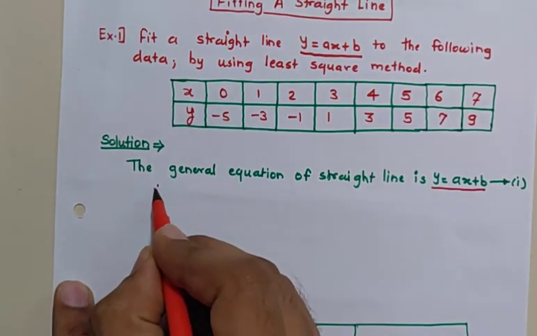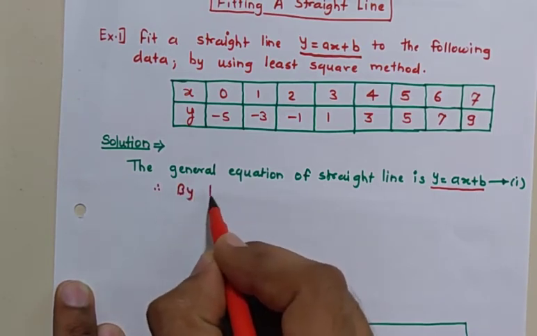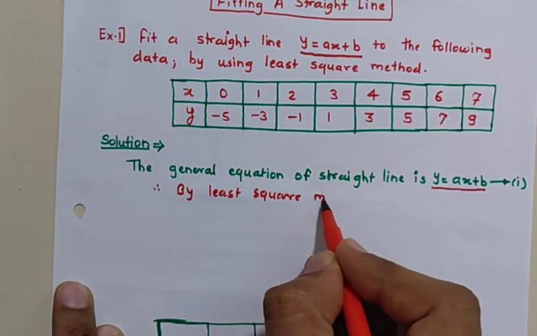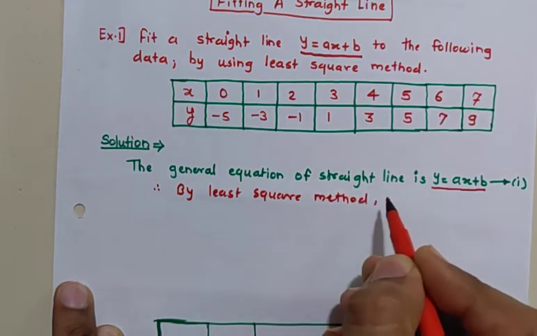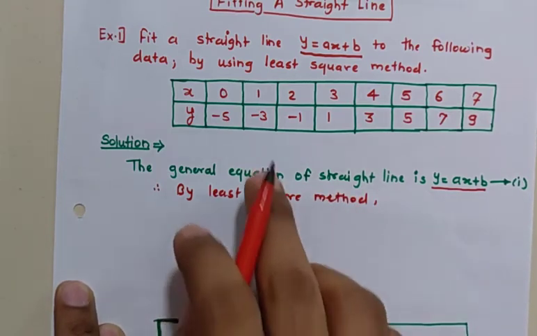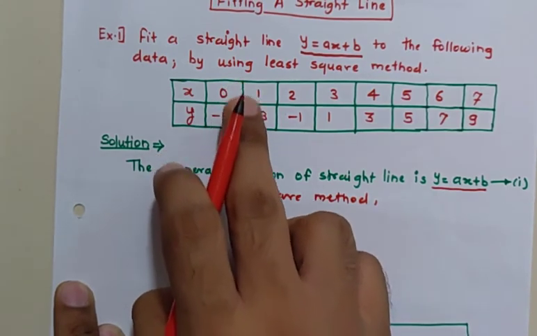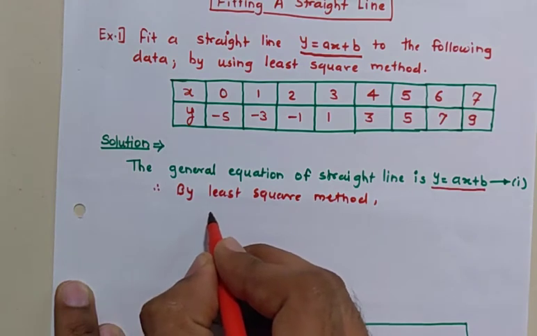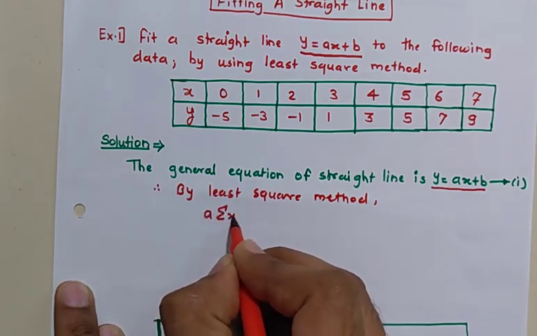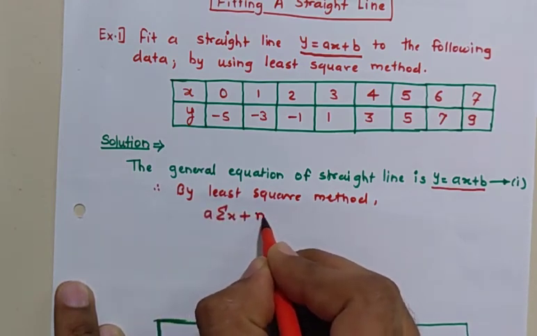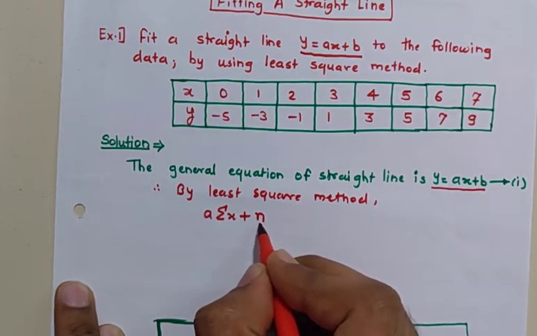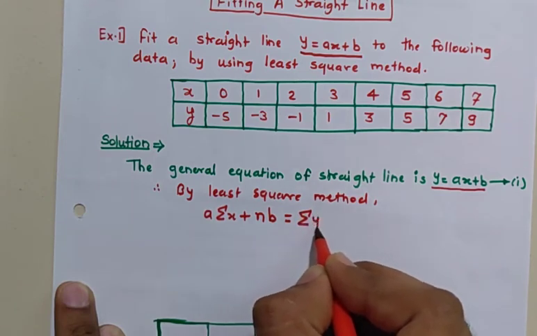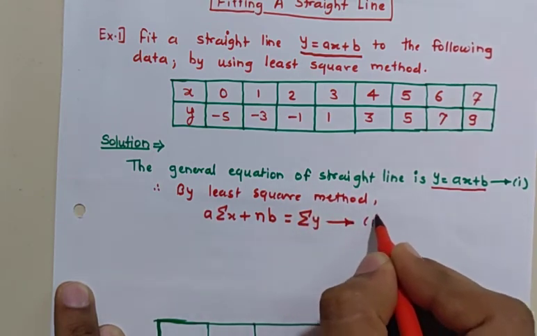Therefore, by the least square method, for a given set of data points x and y, we have two characteristic equations, and they are a summation x plus n into b is equal to summation y, where n is the number of data points. Call this equation 2.